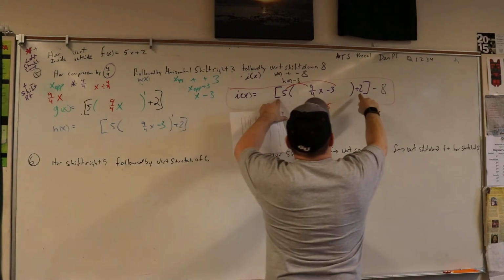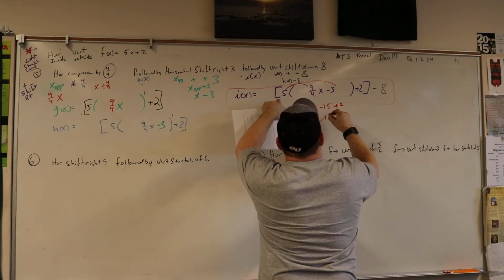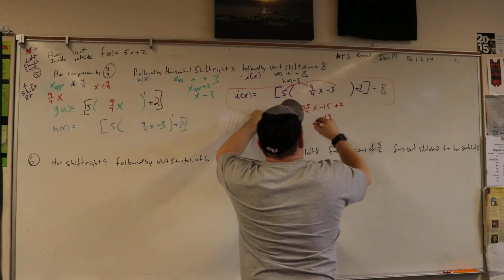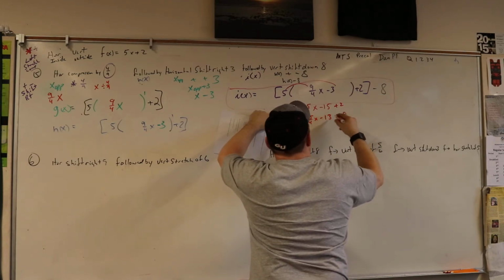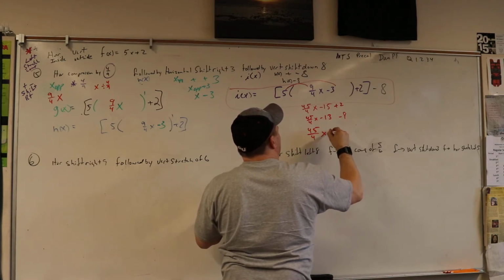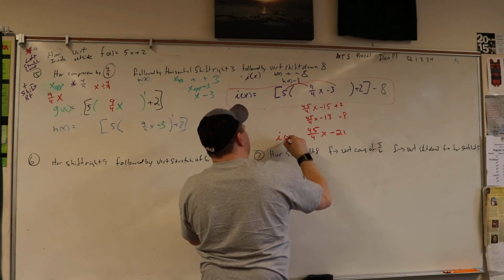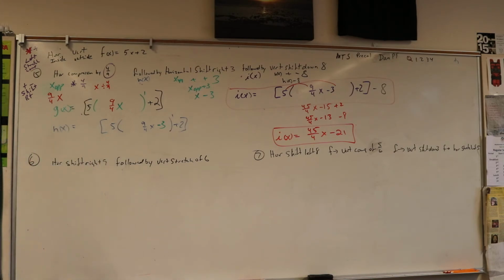Then you do this. Plus 2, that would be minus 13, right? Then you'll do this. Minus 8. So that would be 45 over 4x minus 21. That would be I of x. That would be your final graph.